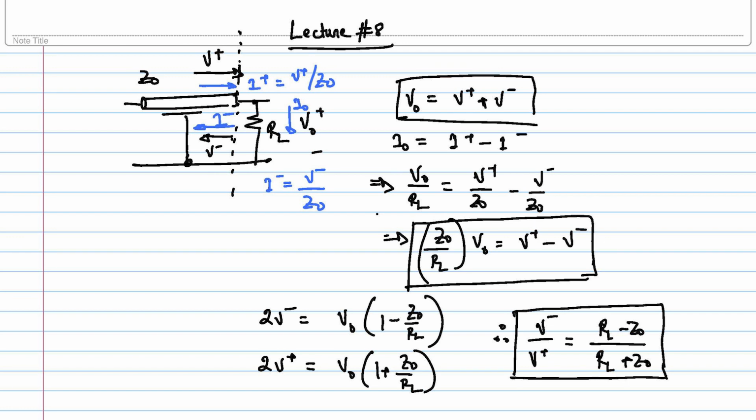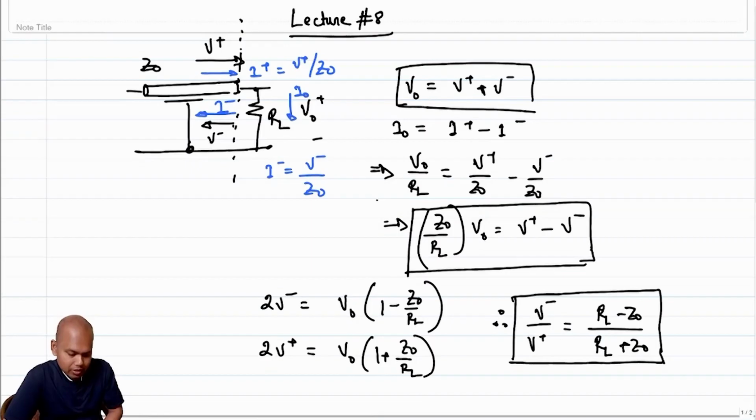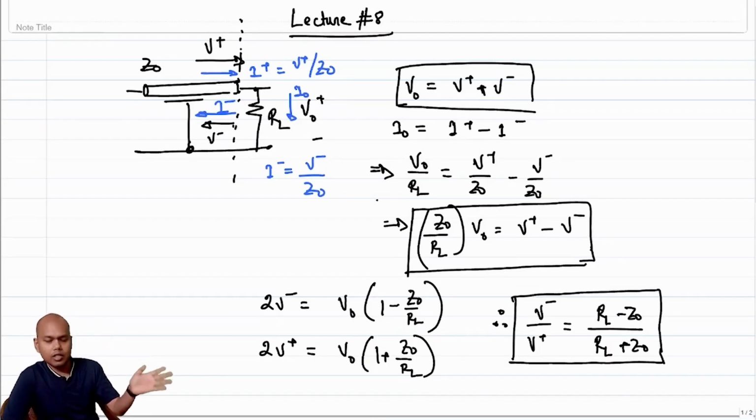If RL is a short circuit, RL equal to 0, then V minus has the same magnitude but the opposite phase of V plus. And if RL is exactly equal to Z naught, then V minus is 0, which means there is no reflection at all.